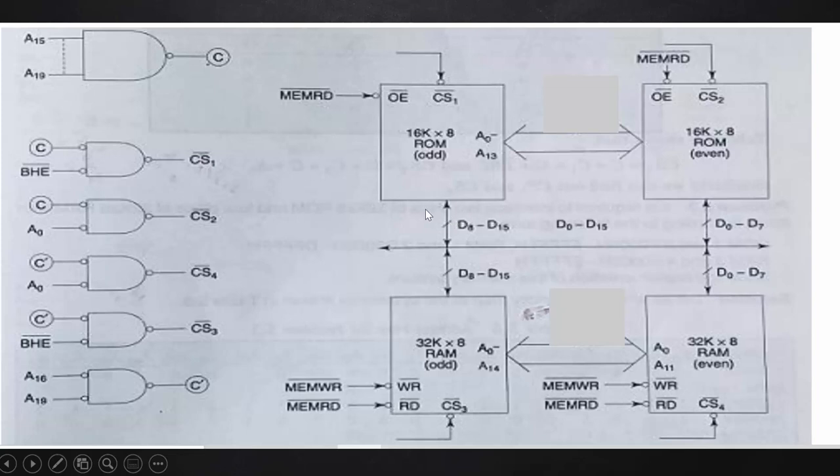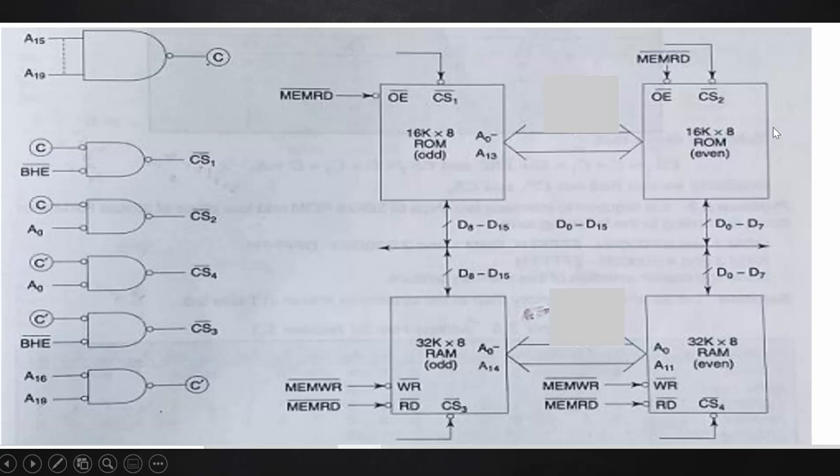So in order to access or write this particular ROM chip, that is the odd ROM bank, we need to activate this BHE bar and this C output from this gate. And this particular gate output sets the chip selection of our odd ROM bank.